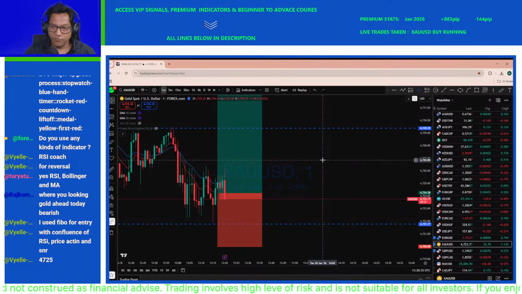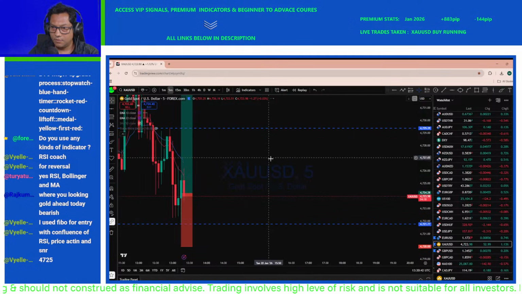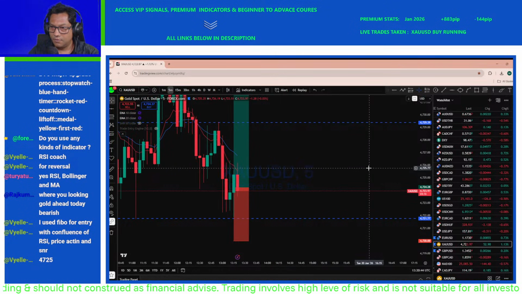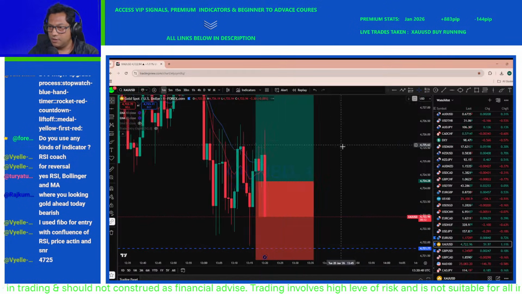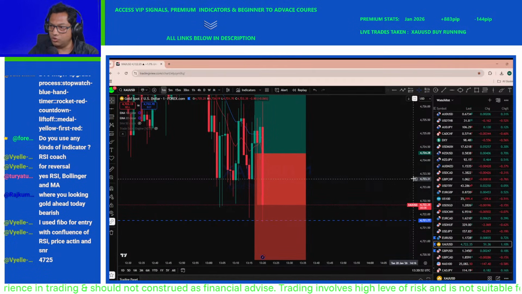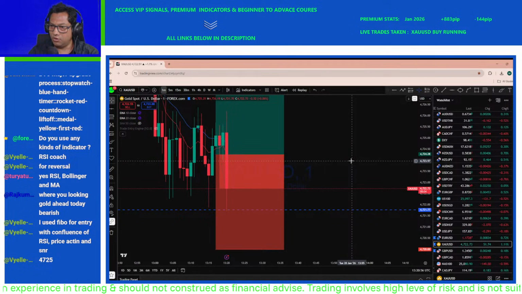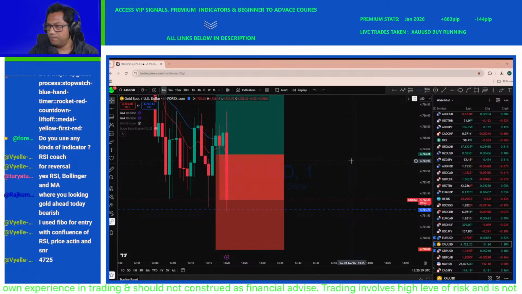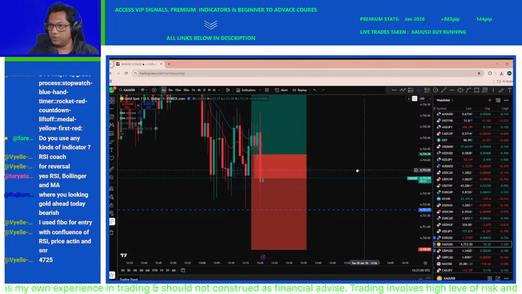A reaction from here. Okay, so there is a liquidity sweep. This is a strong liquidity grab, and that's a very strong liquidity grab.